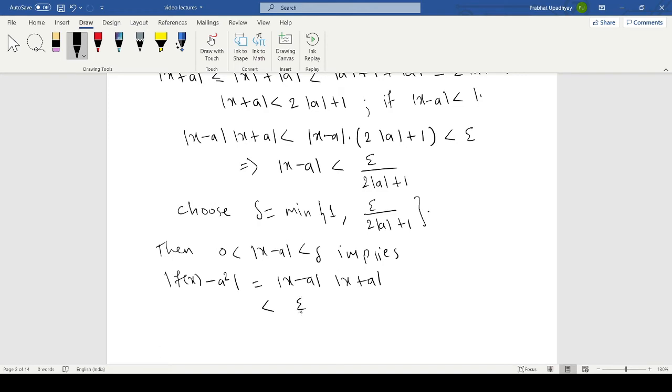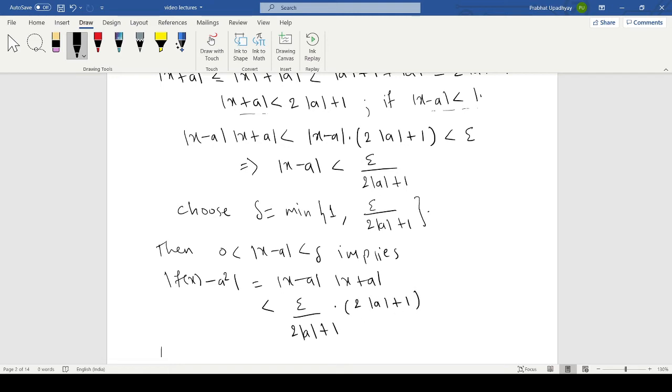So |x − a| I can say is less than epsilon upon 2 times |a| plus 1. And also remember, since delta is the minimum, I have |x − a| less than 1 also. But if |x − a| is less than 1, my |x + a| is less than 2 times |a| plus 1.